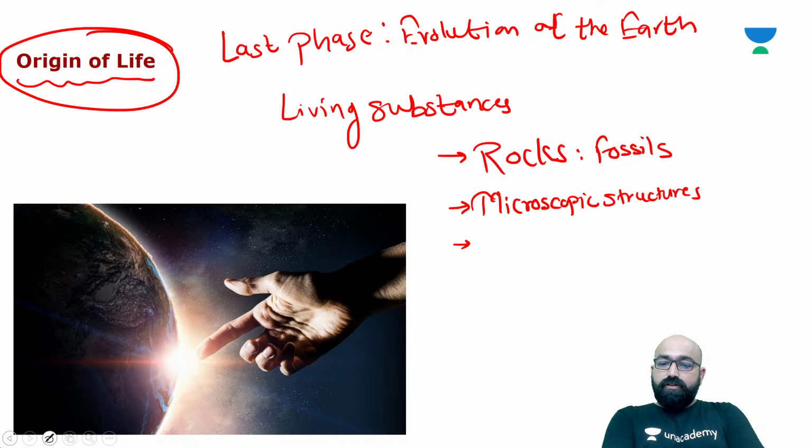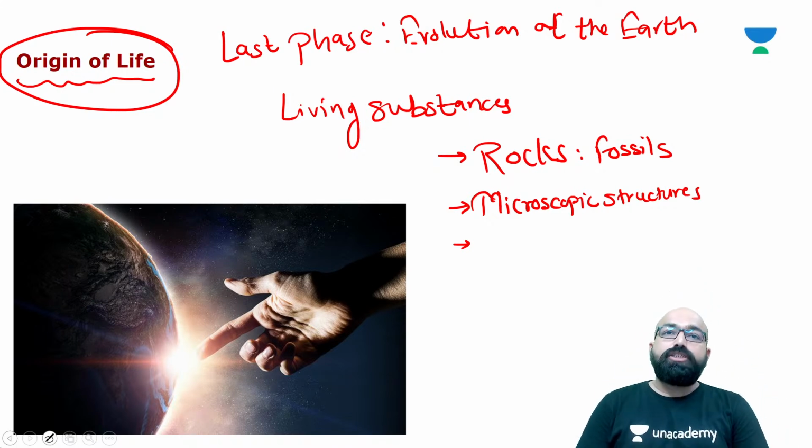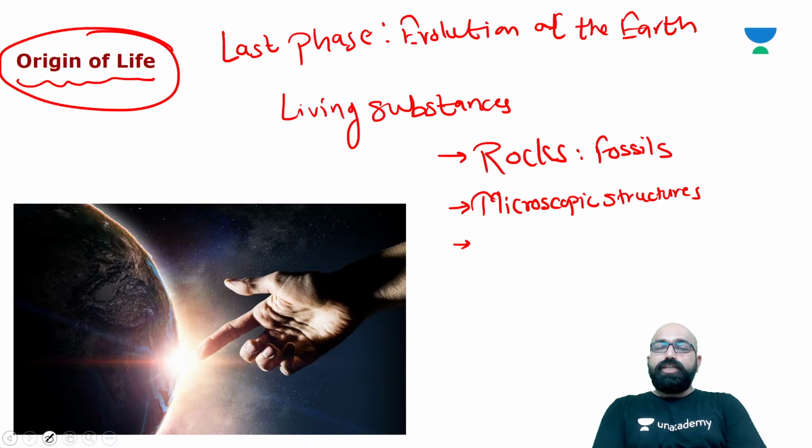Then we have covered topics like the origin and evolution of the earth. So early theories, that is origin of the earth. Modern theories like origin of the universe we have discussed. Then the Big Bang, the star formation, then formation of planets.